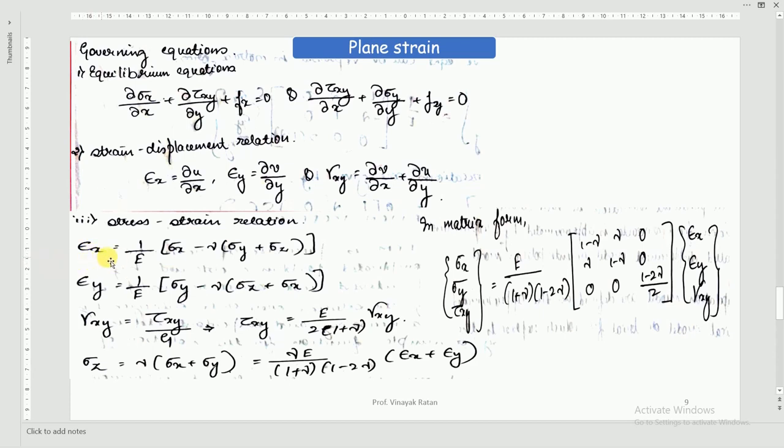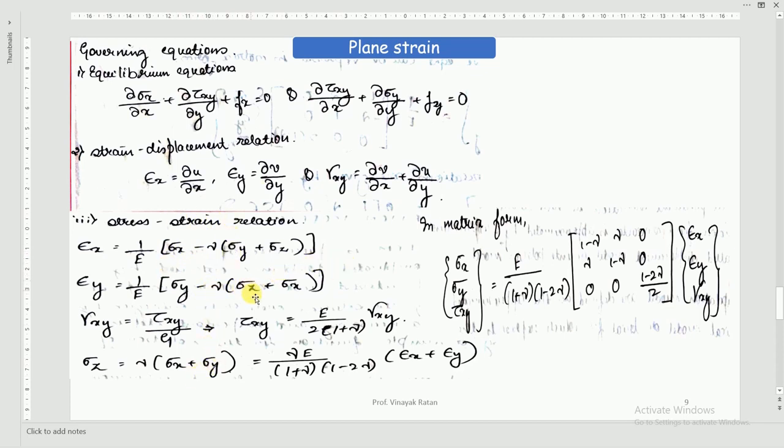Same equation, right? Epsilon z equal to 1 upon E, minus mu common, (sigma x plus sigma y), plus sigma z will be there. If epsilon z is equal to 0, what is only remaining now? 1 upon E [sigma z minus mu (sigma x plus sigma y)].